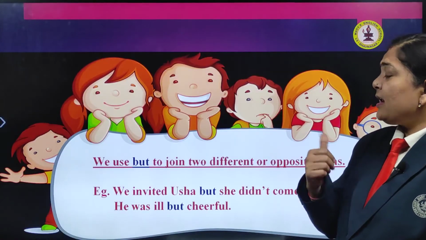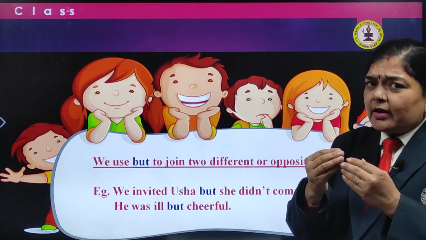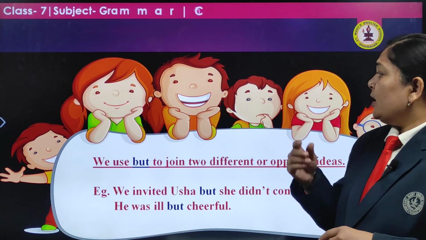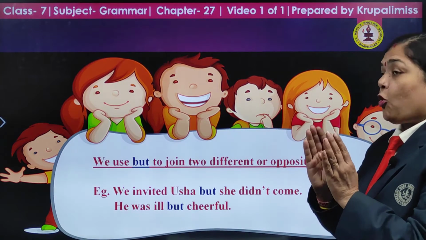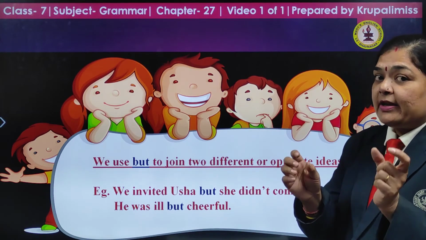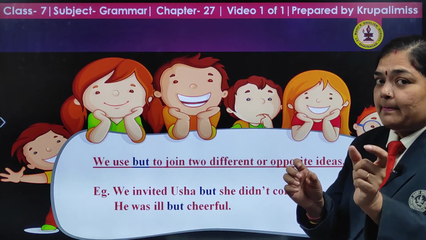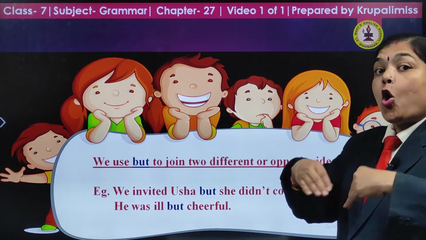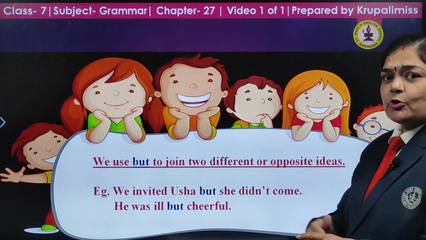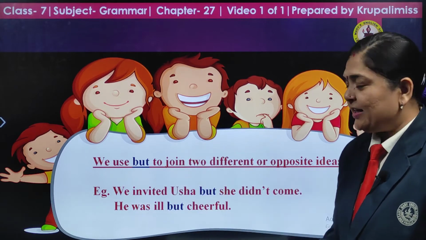Okay children, now let us go into some more detail. We use but to join two different or opposite ideas. Why are we using but? We are using but for joining two different or opposite ideas. Let us go through the example and see in more detail.